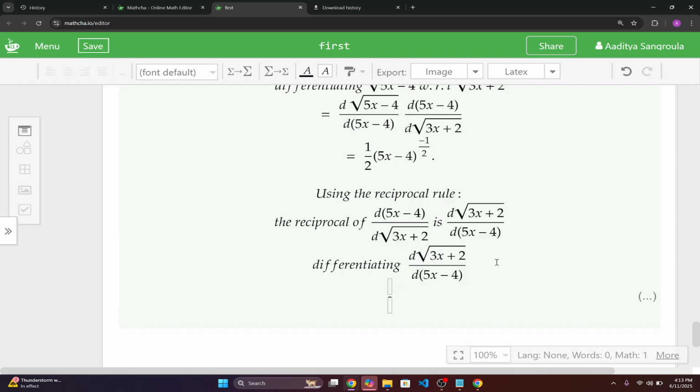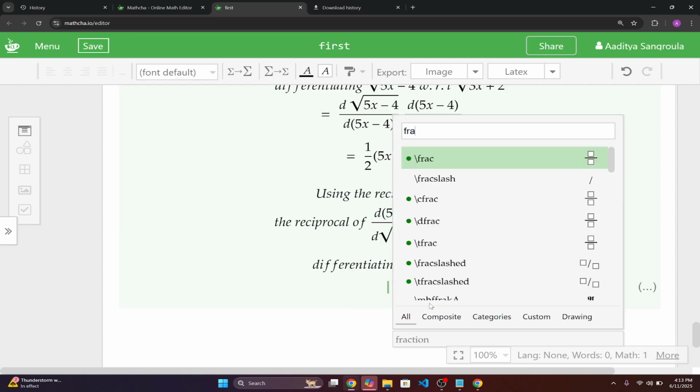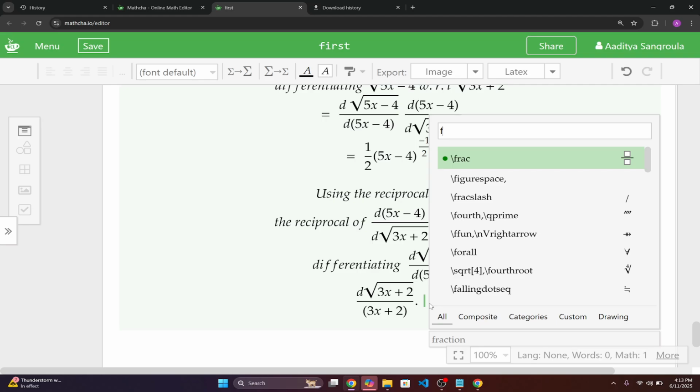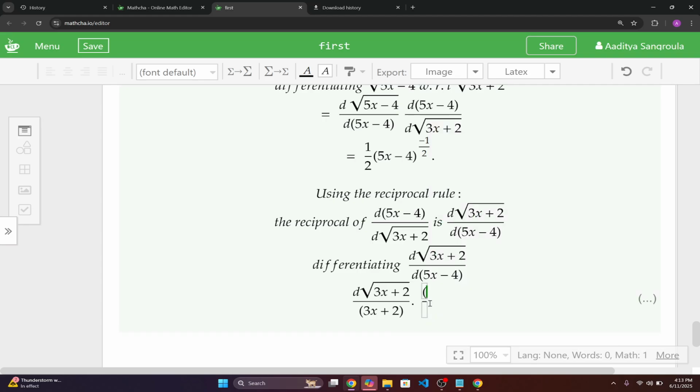Now in a fraction, and in a fraction with respect to 3x plus 2, times the 3x plus 2 the 5x minus 4 has gotten a lot easier.